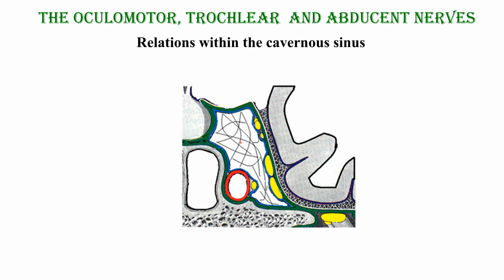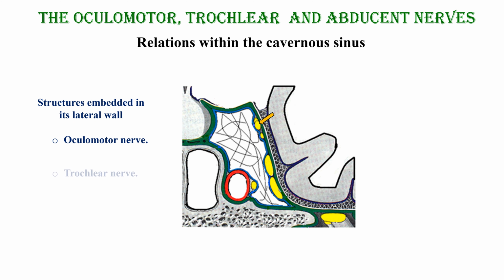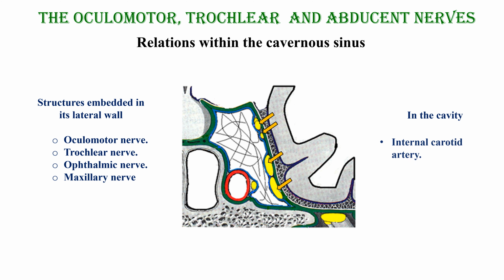So this is the relation to the cavernous sinus. In the lateral wall, from the top: the oculomotor, followed by the trochlear, then the ophthalmic, then the maxillary nerve embedded in the lateral wall. Within the cavity, we'll find the internal carotid artery, and just lateral to it will be the abducent nerve. That is figure number 3.